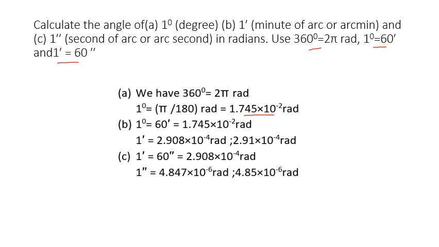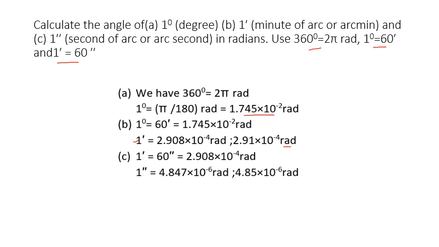Okay, and B subdivision, we'll find what is 1 arc minute in terms of radians. Use this relationship: 1 degree is equal to 60 arc minute. Then what you should find? 1 arc minute is how much radian? This is your question. Fine. So this 1 degree is equal to 60 arc minute.